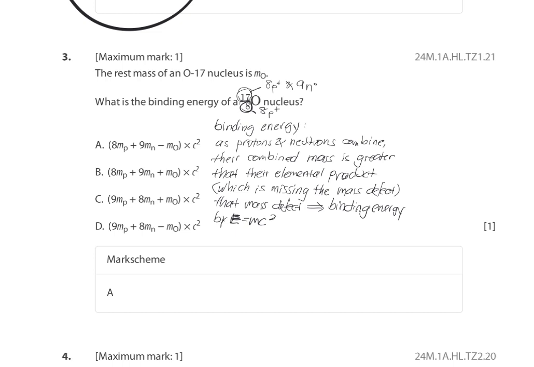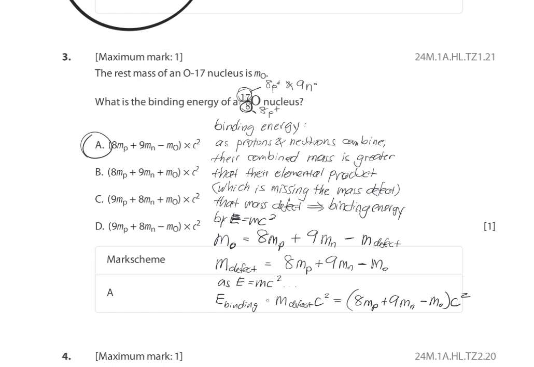The oxygen is going to be 8 proton masses plus 9 neutron masses. Number 3 talks about rest mass, with the oxygen 17 nucleus being MO. What's the binding energy of the nucleus?